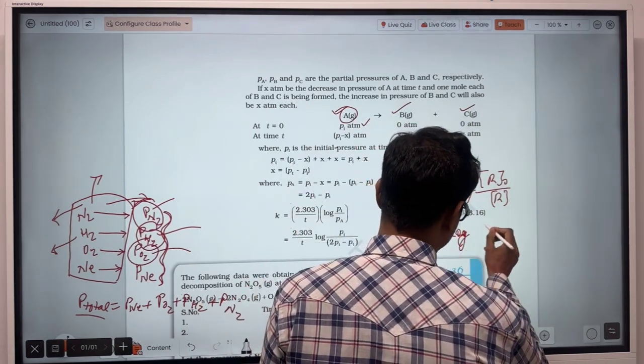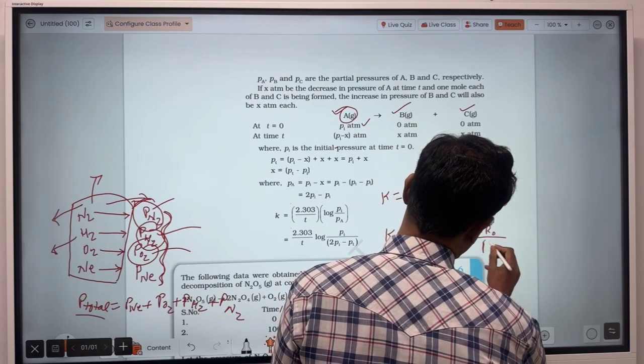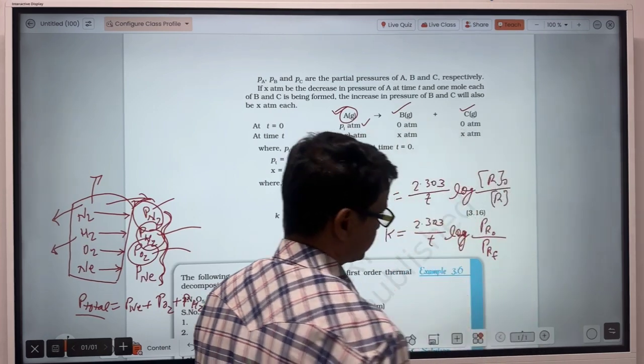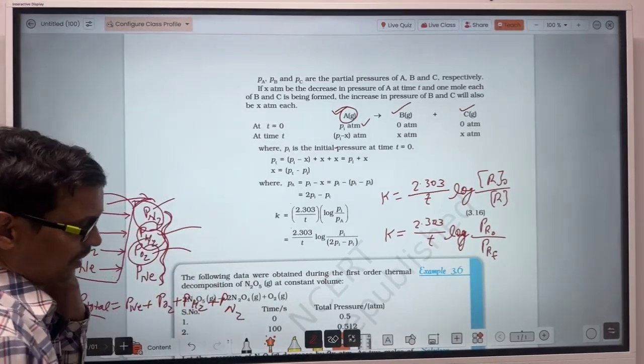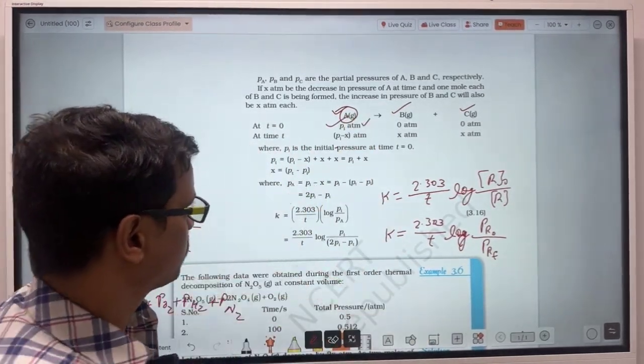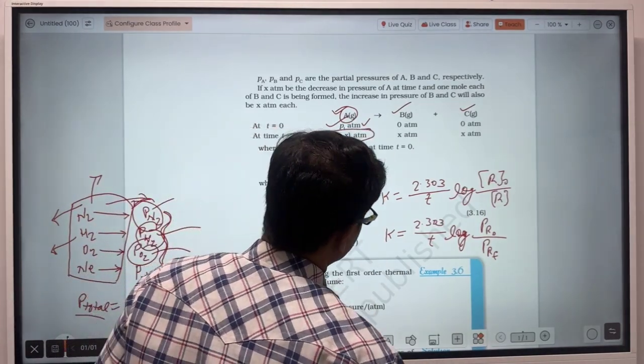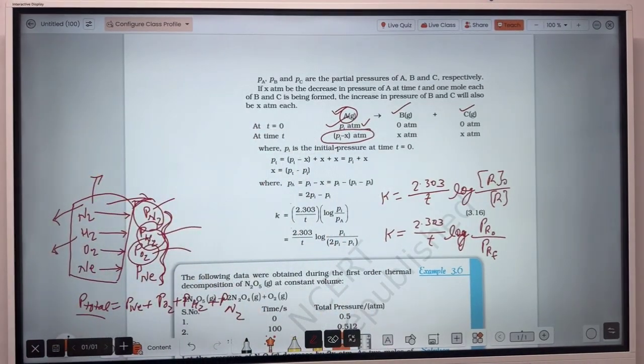So the initial partial pressure of reactant is Pi, and we have to find out the final partial pressure of reactant, which is Pi minus X.